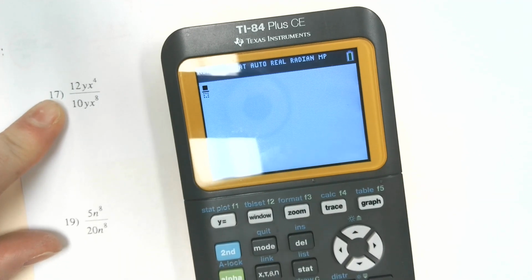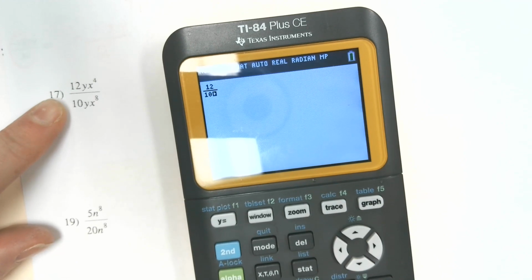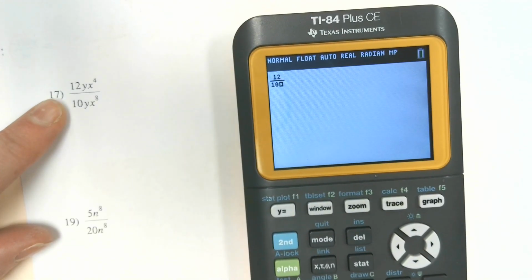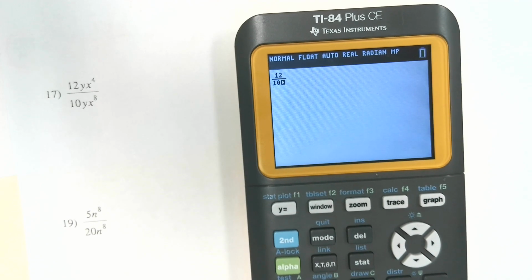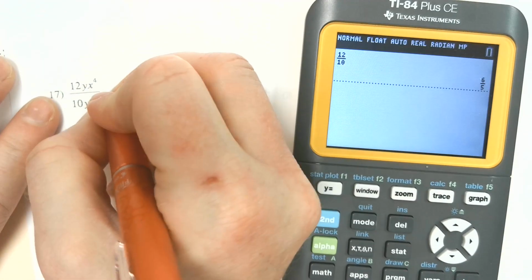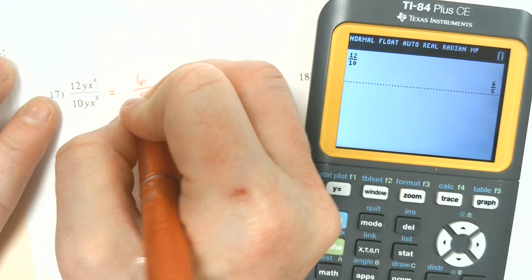Alpha y equals, we have 12 over 10. Put it in and write it down. Six over 5.